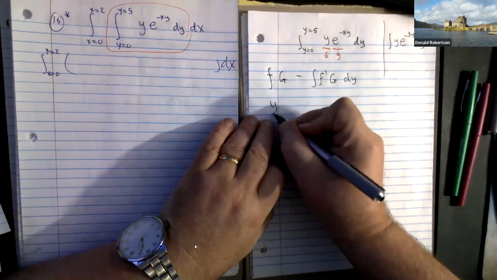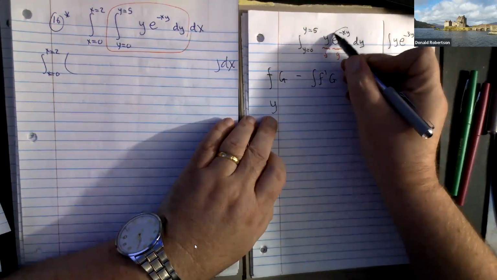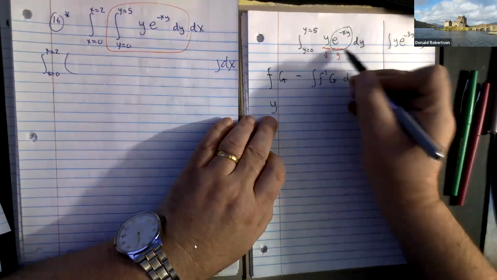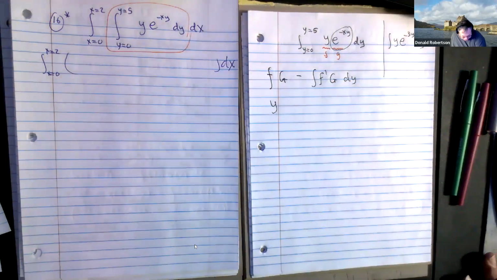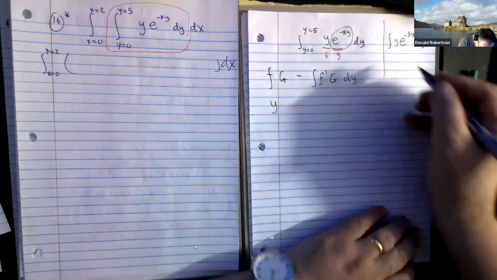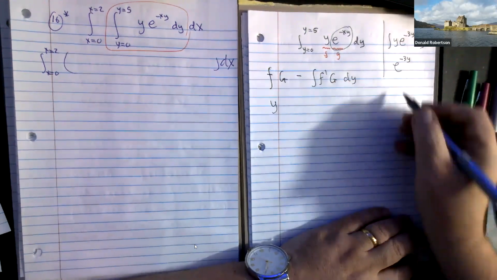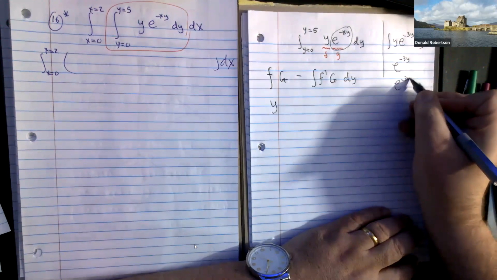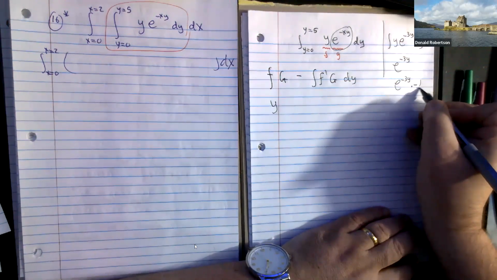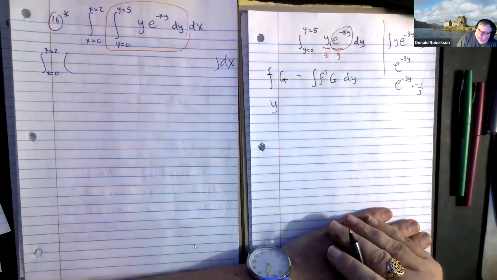That guy is y, and this guy is going to get integrated. Now, if I asked you to integrate this fella, the answer would be that guy times negative a third. Great.